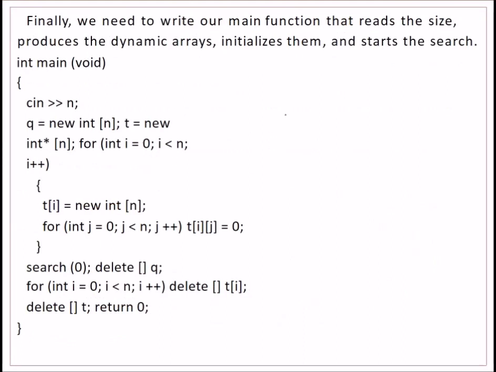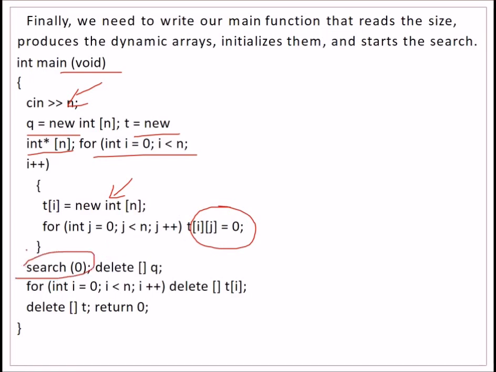And finally, we'll make a main function. We will ask the user to give n so that we can make an array. We'll make an array called Q, and we'll also make an array called T, which is threatened T. This will be an int star star, that means it will be a two-dimensional array. In a loop, we'll initialize T with 0 and then just call search.